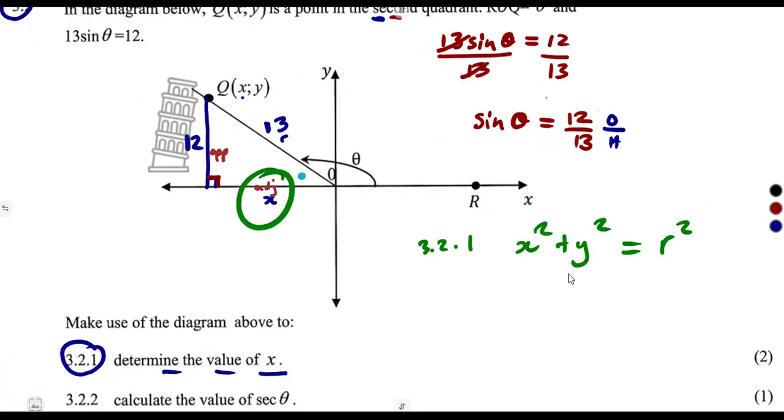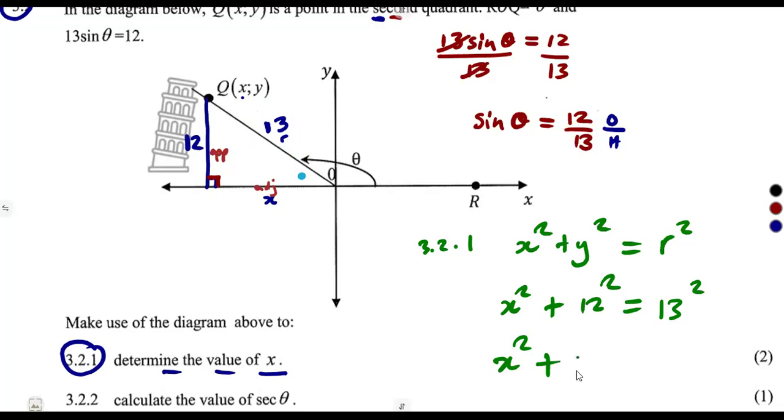So x squared plus y squared, where y is 12, is equal to the hypotenuse squared, which is 13 squared. So x squared plus 12 squared, that's 144, is equal to 169.